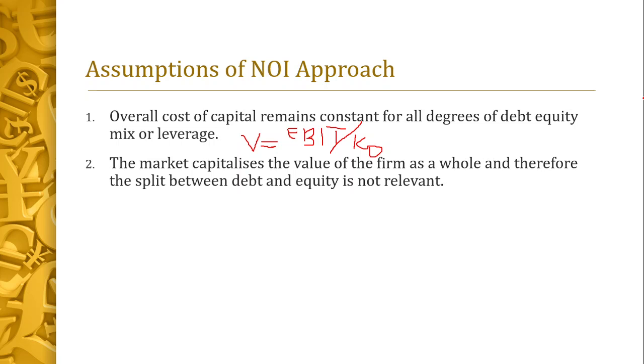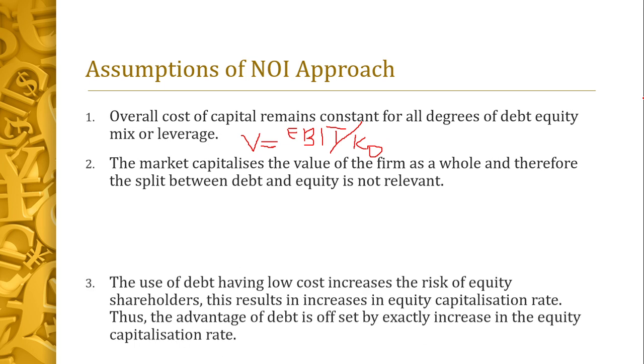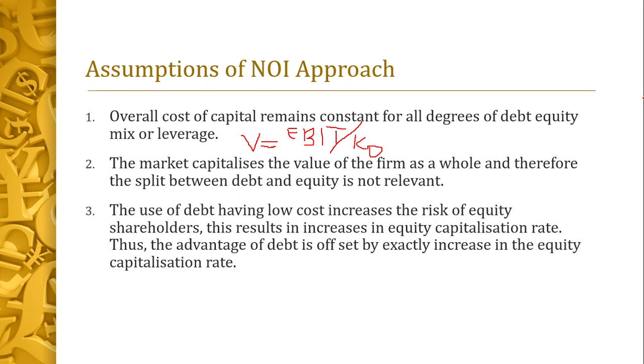And the third assumption is all regarding the essence of the net operating income approach. It tells that the use of debt having low cost increases the risk of equity shareholders. And when that happens, the equity shareholders tend to increase their rate of return, and as a result there is an increase in equity capitalization rate.